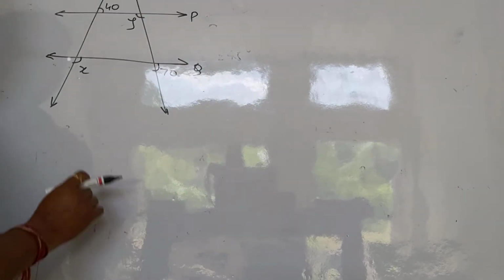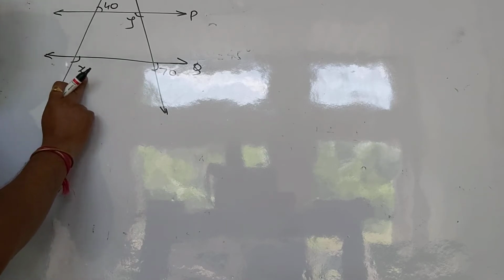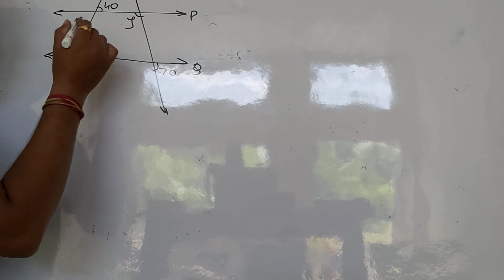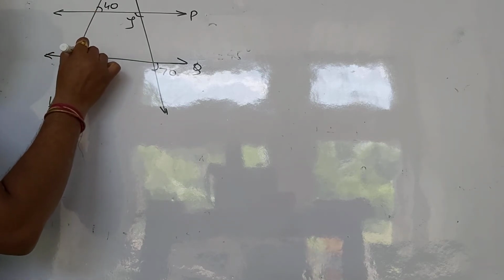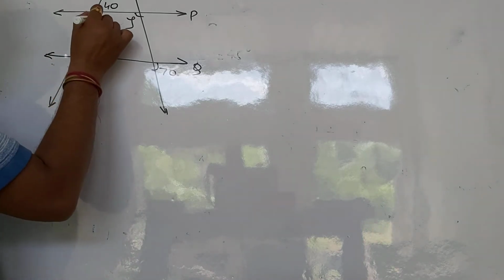First of all, this angle X is there and here it is 40. So we need this one. Or you can find this also. We can take any other variable, that is A, for this angle.